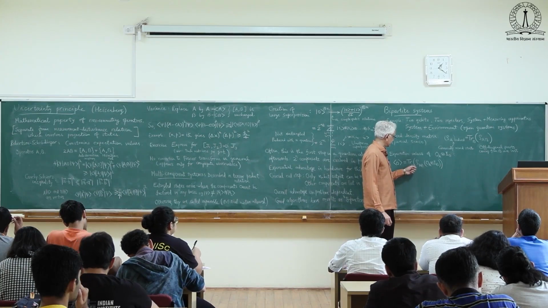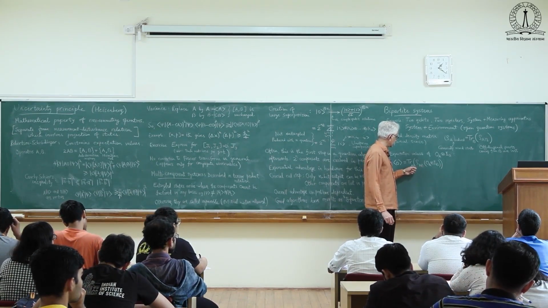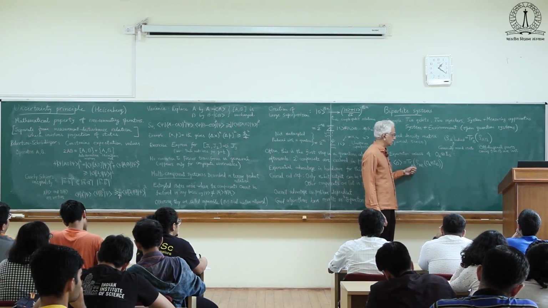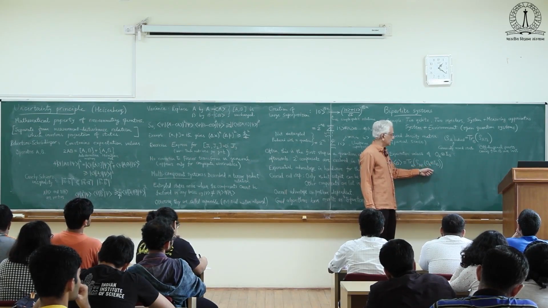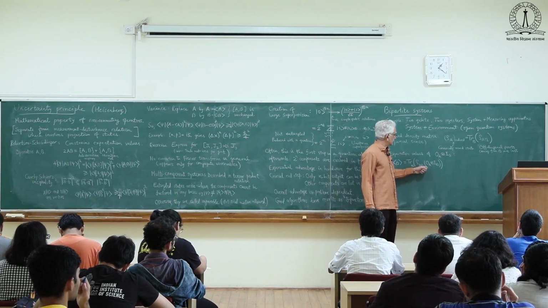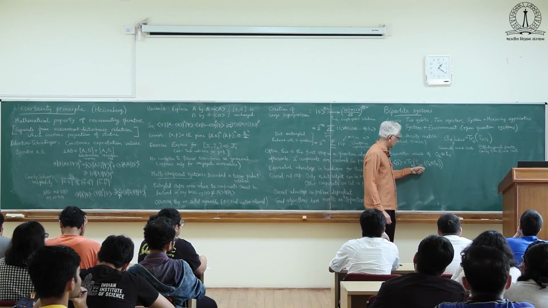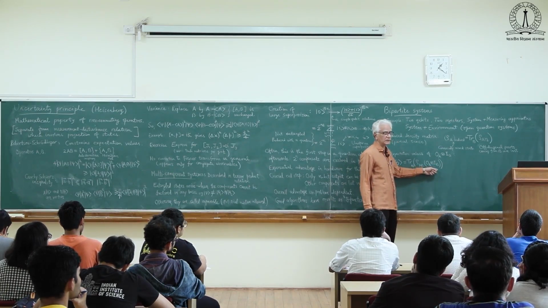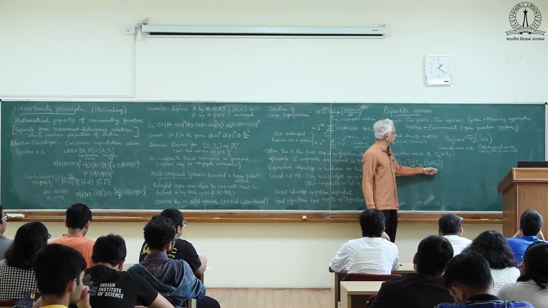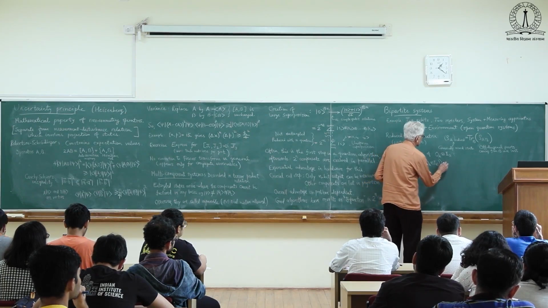And now I can see that I can separate the trace over the part B rather trivially, because this stuff is identity. So if I perform a trace over B, I will only have trace acting on this first part, nothing on the second part.